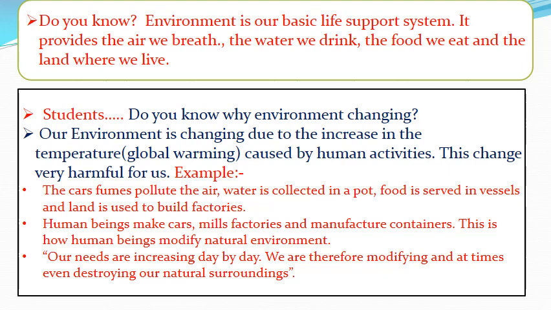The cars' fumes pollute the air. Water is collected in a pot. Food is served in vessels. And land is used to build factories. Human beings make cars, mills, factories, and manufacture containers.